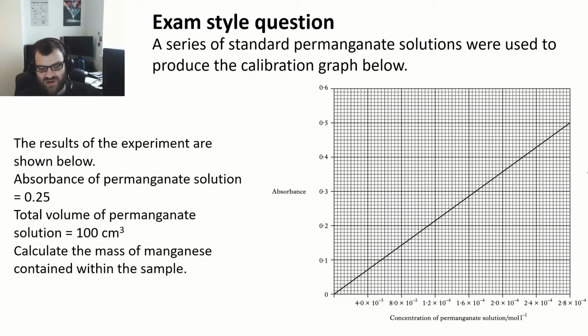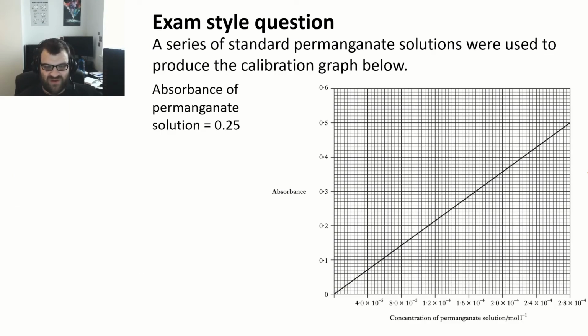And this question wants us to calculate the mass of manganese contained within the sample. We're dealing with the calibration curve. The best thing to do is to read our concentration from our calibration curve. We have 0.25, so again, we run that across and we run that down. And that comes out as 1.4 times 10 to the minus 4 moles per litre.